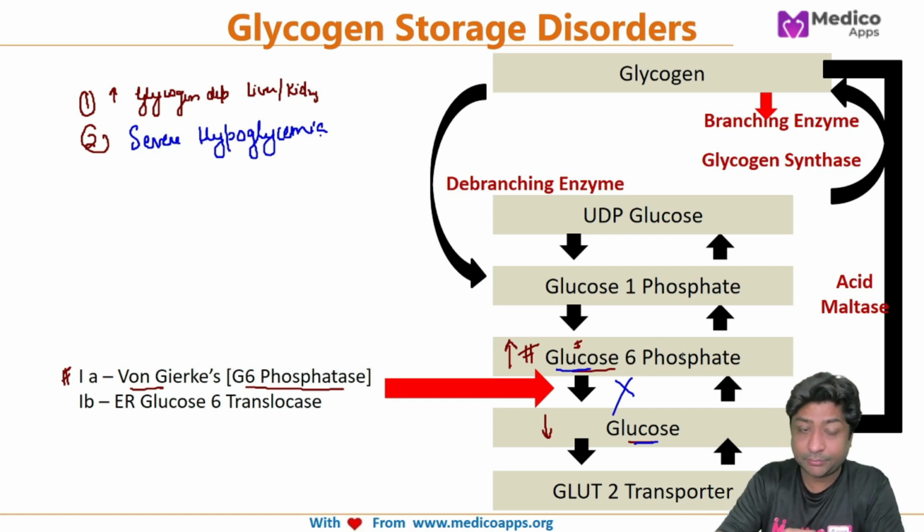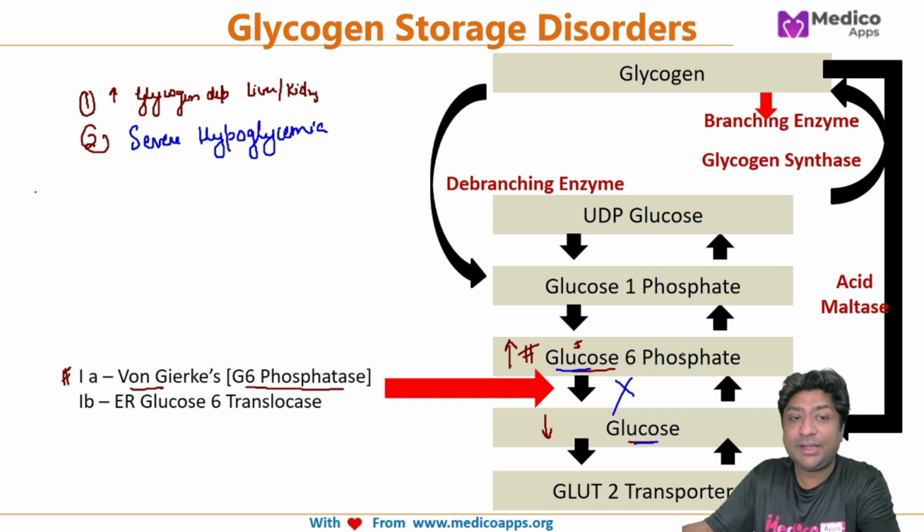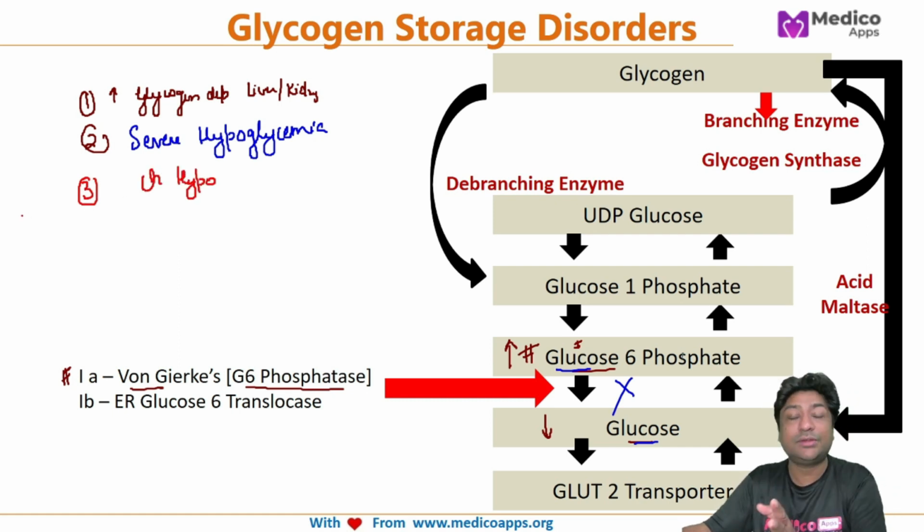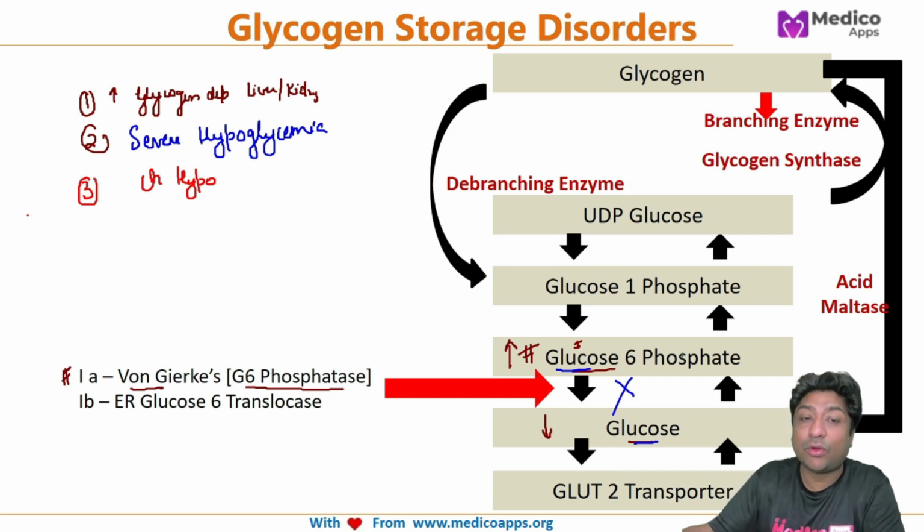Another very important thing, they will present with features of chronic hypoglycemia, which means the blood glucose level is going to be falling for a very long time. What are the features? This hypoglycemia will increase glucagon, and this glucagon will activate hormone sensitive lipase.